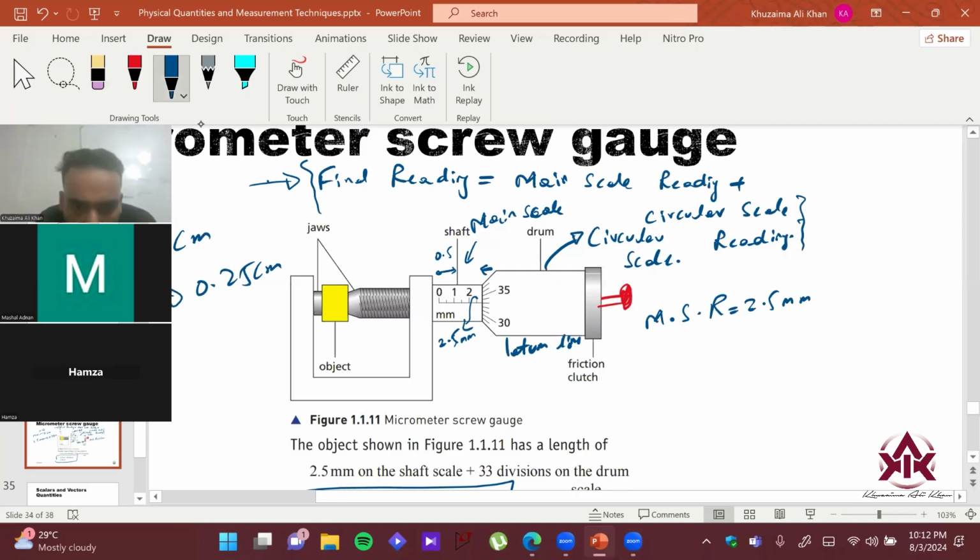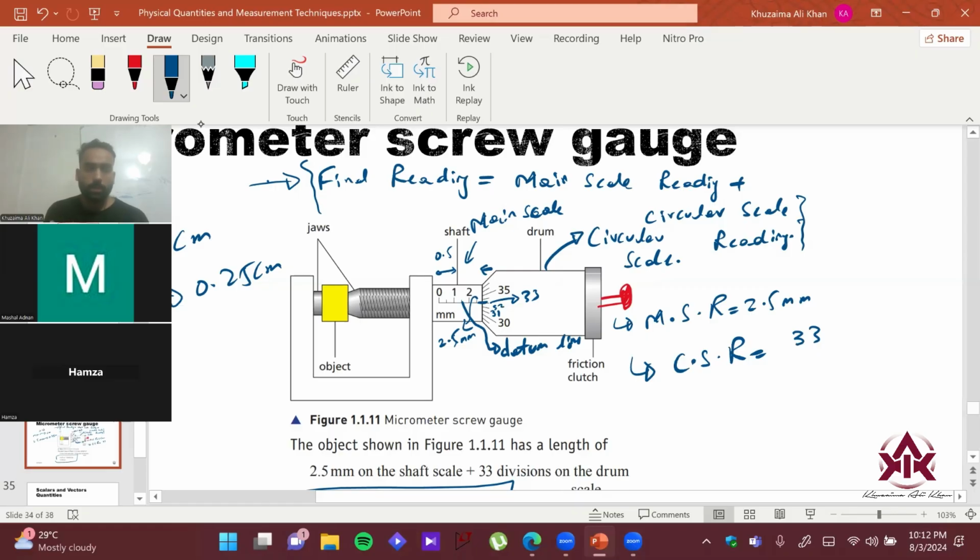And the reading which aligns with the datum line, you can see this is 30, this is 31, this is 32, this is 33. So this line is aligning with the datum line over here. So this is your circular scale reading. The circular scale reading is going to be 33.